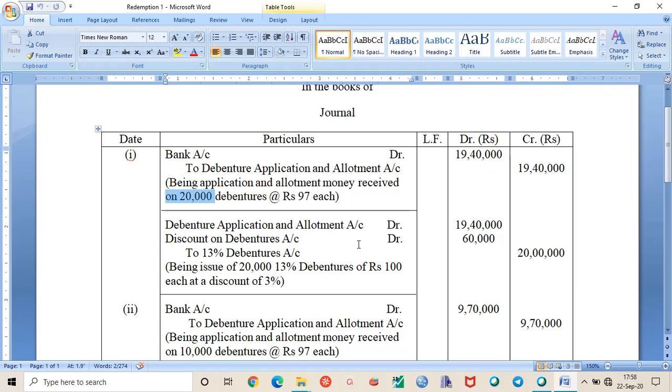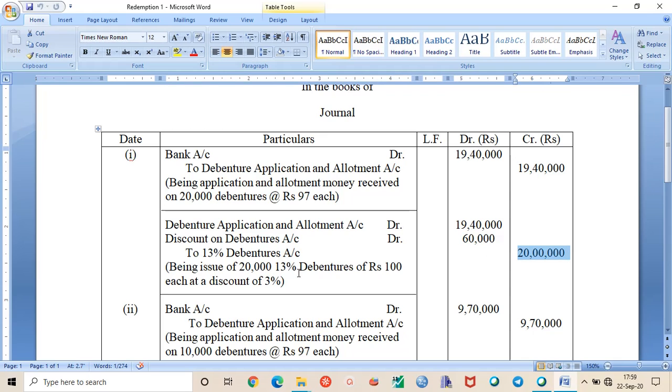These debentures are to be redeemed at par, which means you will redeem them at full face value, that is 20 lakh. At the time of redemption, you will pay debenture holders rupees 20 lakh.